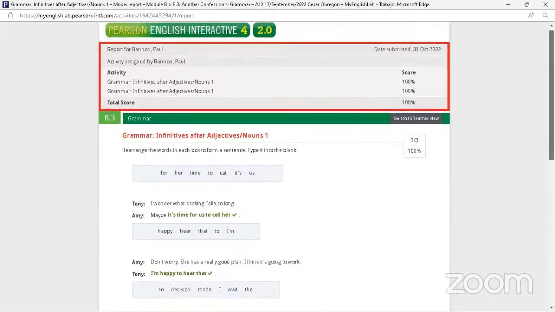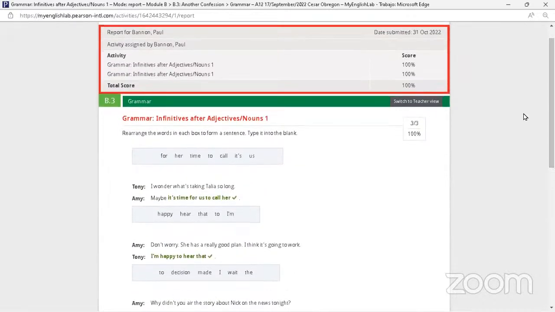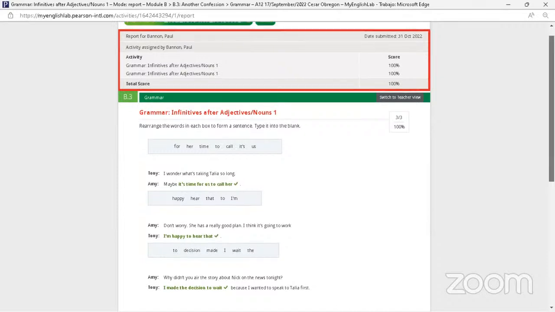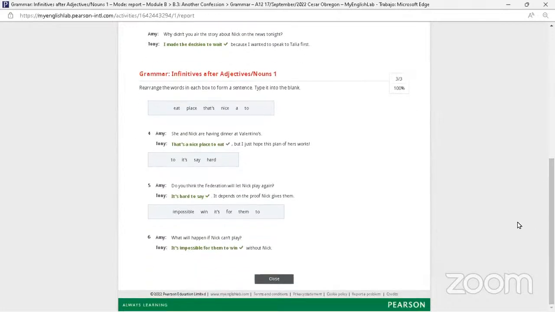Wait. Okay. Yeah, and take the picture first here. First part's okay. And the second part.